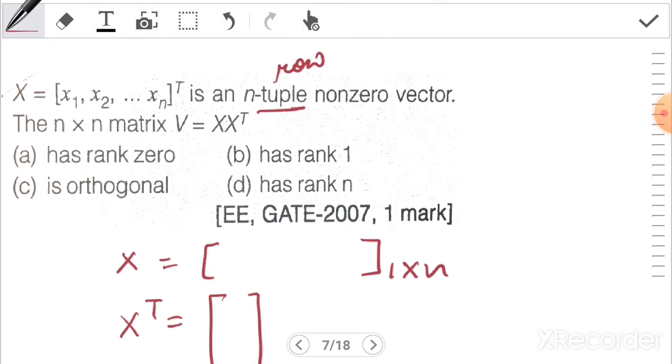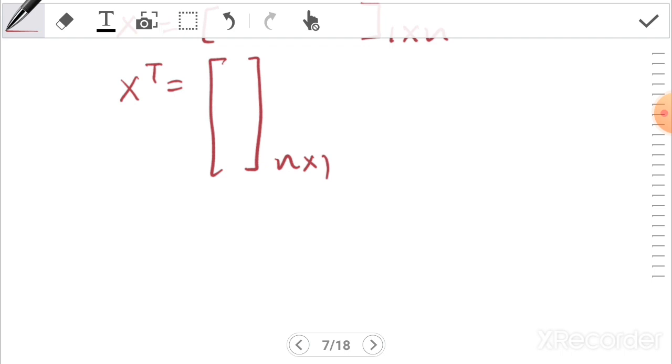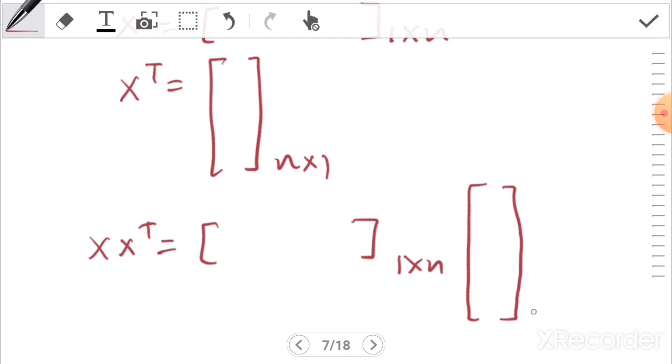We have to see X into X transpose, which is 1 cross n times n cross 1.